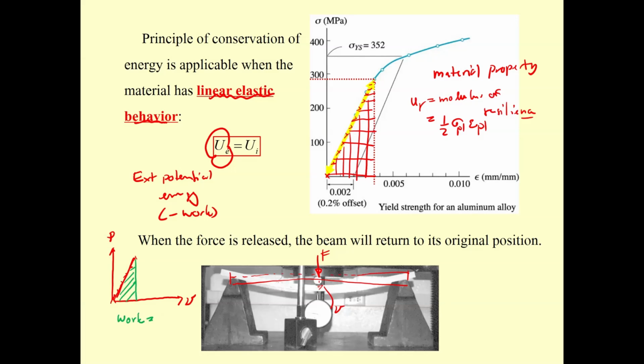If this is F and this is delta, it's going to be 1/2 F times delta, and then you invert it, it's going to be the external potential energy. That is the external potential energy between the force F and the deflection delta. But for this one, it is a bit more complicated to compute, because it relates to the energy stored inside the material.